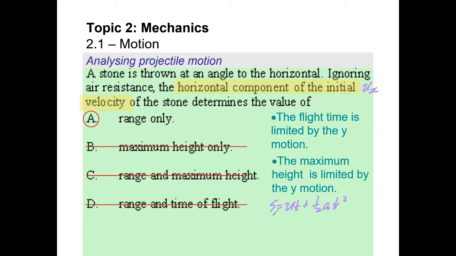Let's write it down, x component. Sx equals uxt plus 1 over 2 axt squared. Acceleration in x component equals 0, which means sx equals uxt. So the horizontal component of initial velocity of the stone determines the value of sx.